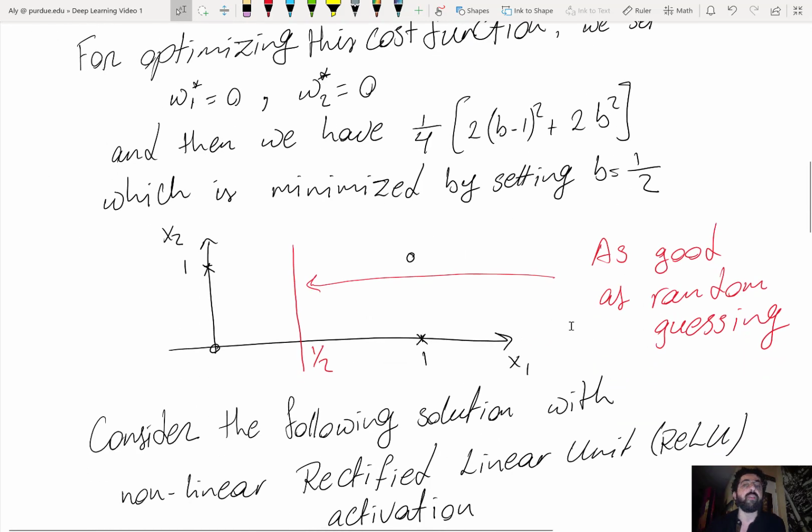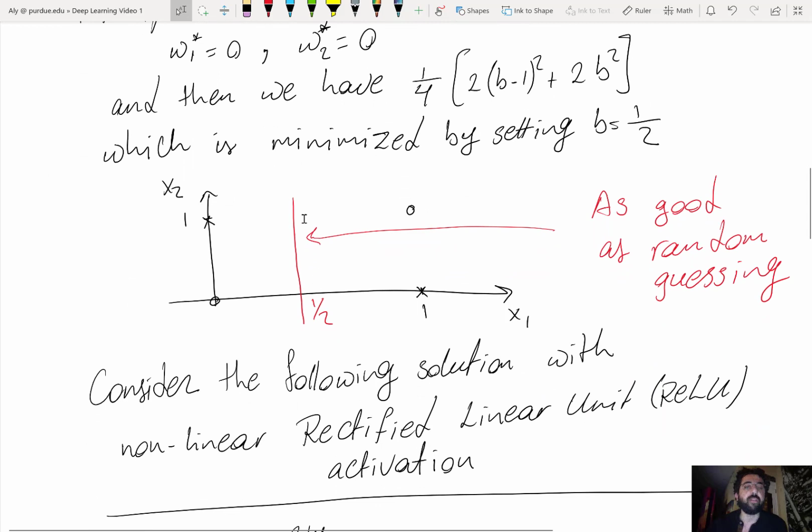Now, if we draw this decision boundary, then it looks like this, right? This decision boundary makes mistakes at half the points. So if I say, for example, that to the right of it I'll classify as 1, and to the left of it I'll classify as 0, then it will make a mistake in half the possibilities, or in half the examples, right? Because there is a cross on the right and there is a cross on the left. There is a circle on the right and there is a circle on the left.